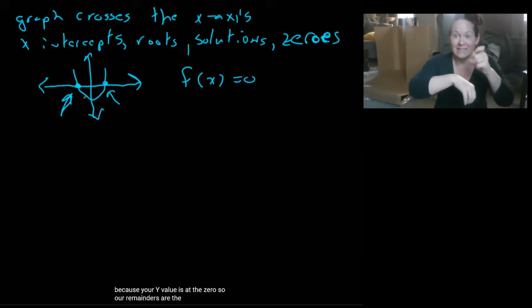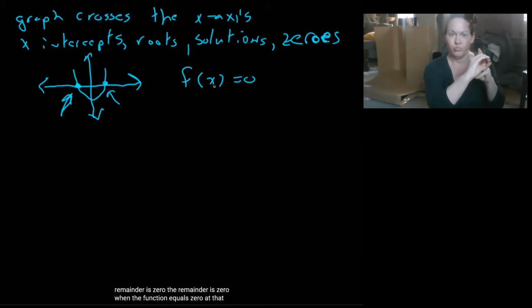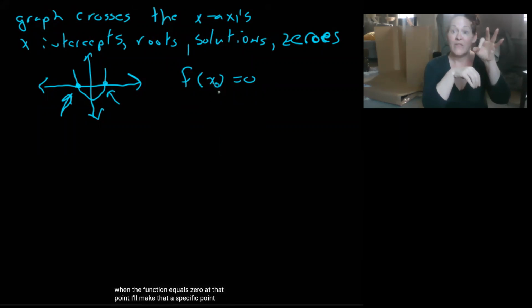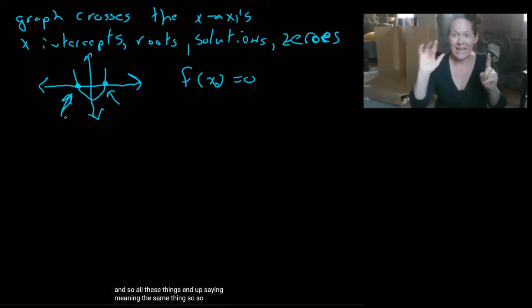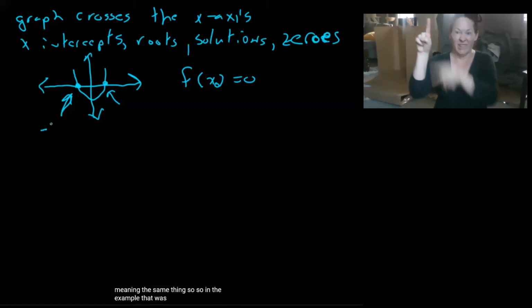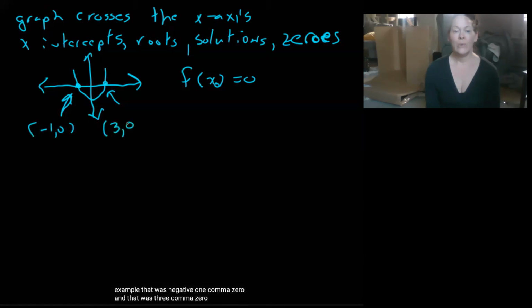So our factors are the place where the remainder is 0. The remainder is 0 when the function equals 0 at that point. And so all these things end up meaning the same thing. So in the example, that was -1, 0, and that was 3, 0.